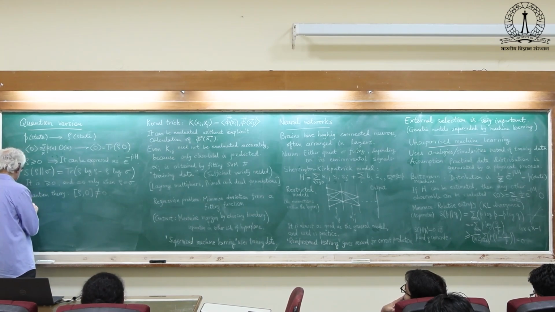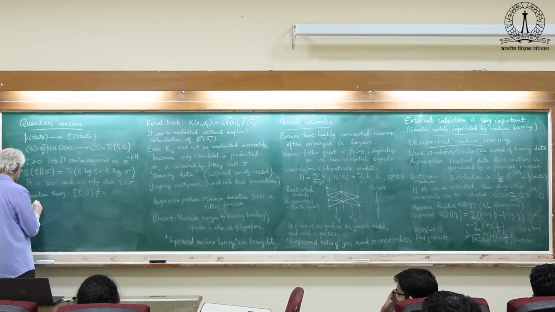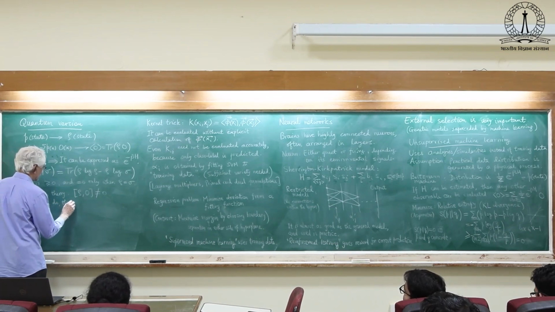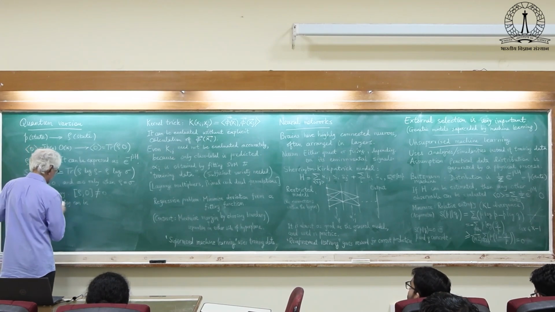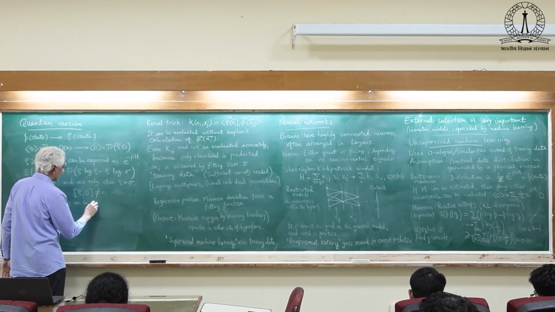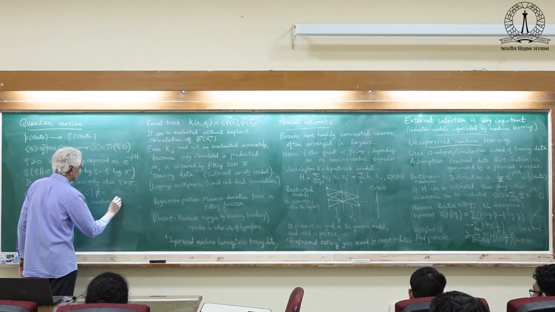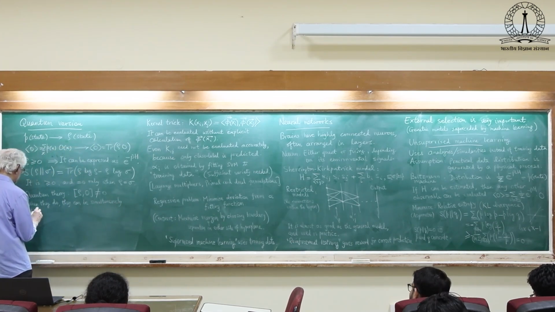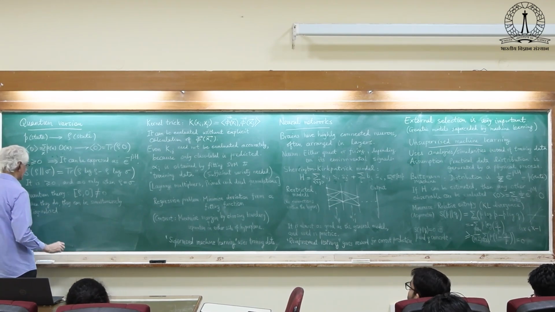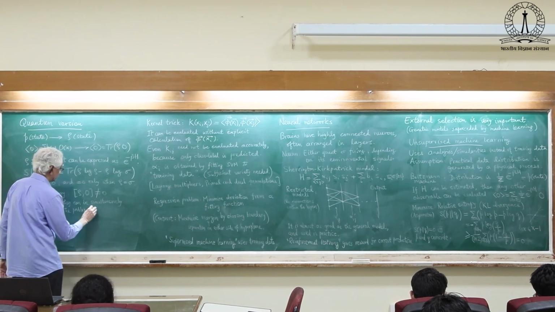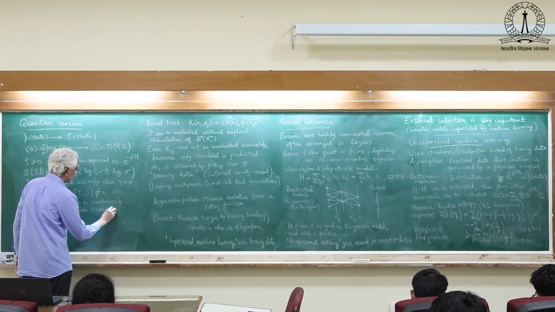Or rather, you can write a very simple statement that when they do, they can be simultaneously diagonalized and the problem becomes classical.